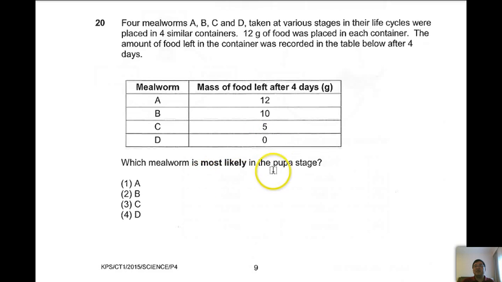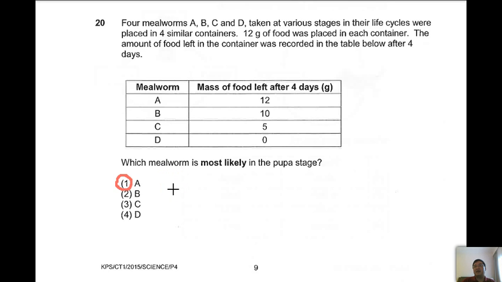Most likely the pupa stage is this. When nothing is touched, 12 grams is left. So the answer is A. This is the pupa. No eating activity, no other unnecessary movement. Only the development of the insect into the adult.